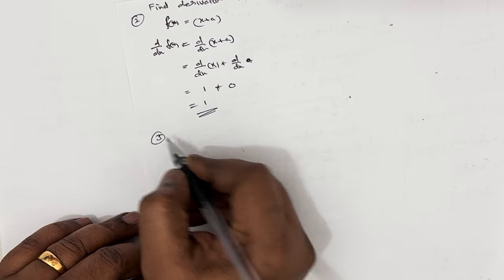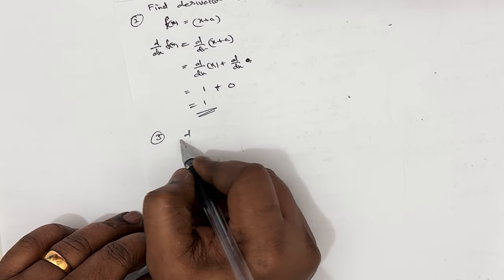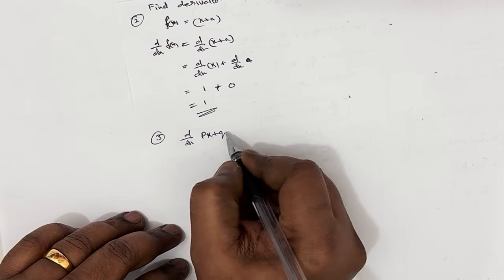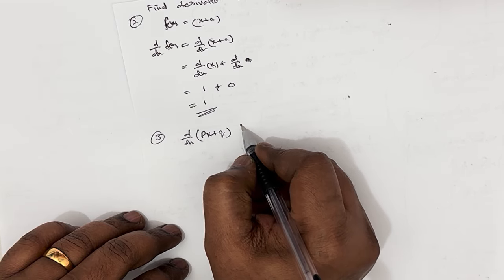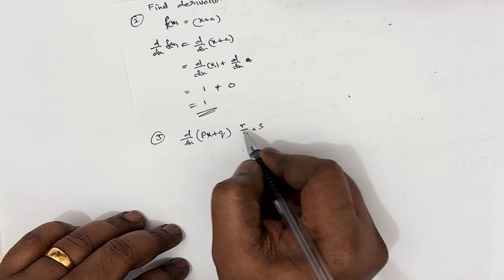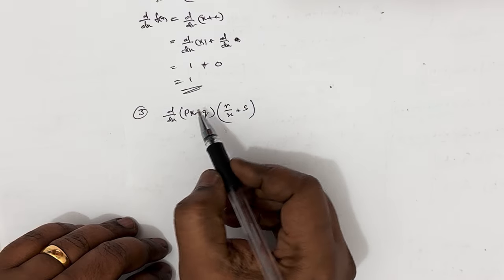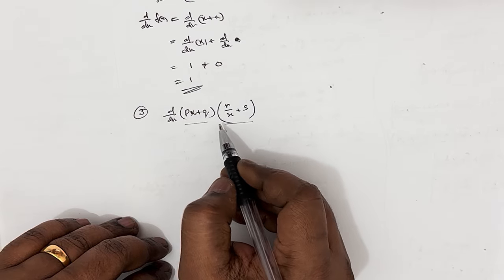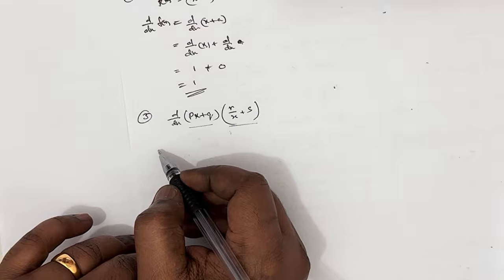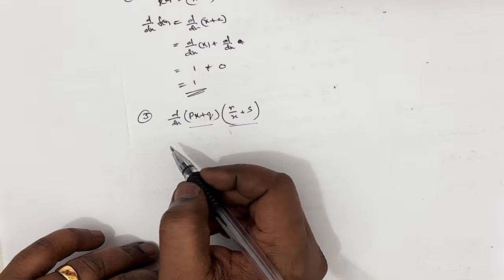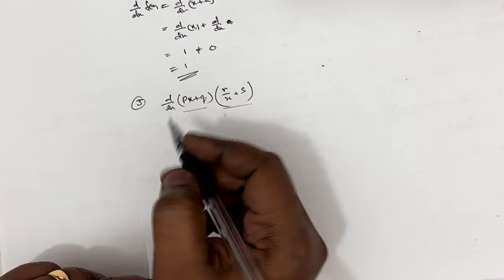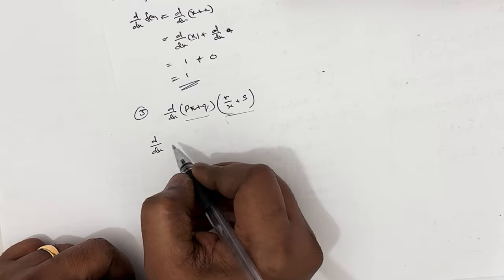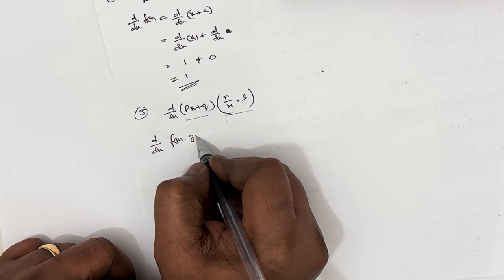Now let's do the third one, that is d by dx of px plus q multiplied by r by x plus s. Now assuming these to be two functions, this one function, this one function. In the algebra of derivatives you have the theorem for the derivative of the product of two functions f of x and g of x.